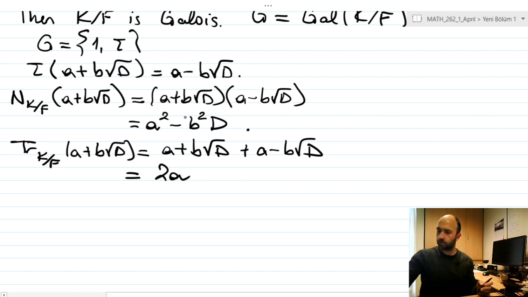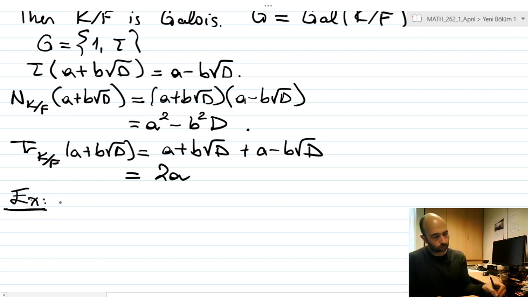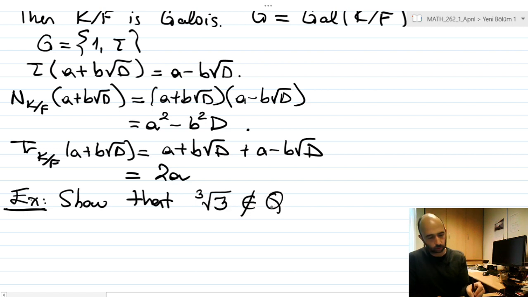Okay, now let's do some cubic example and show how these can be used for making some computations easy. So the problem is show that cube root of 3 does not belong to Q adjoin cube root of 2.